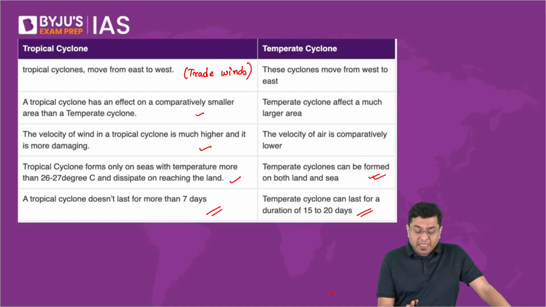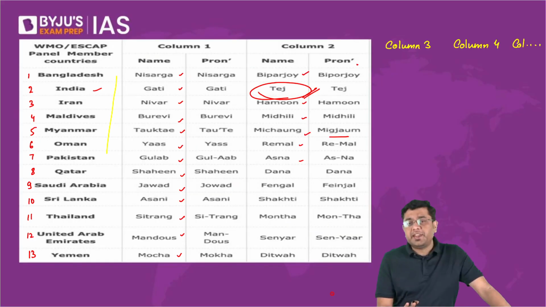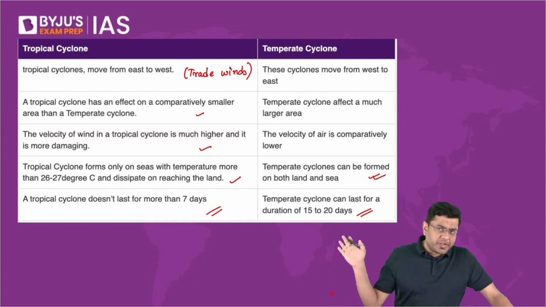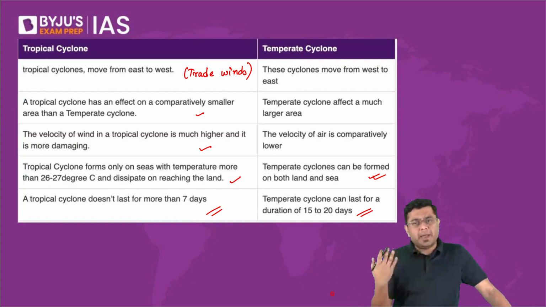Okay. Now I understand a few of you have a couple of questions, in the sense that why is it that more cyclones occur in the Bay of Bengal? That is a question which I'm sure many of you have, because you would have seen it somewhere. That is why you know that there are more cyclones in the region of the Bay of Bengal, and you're curious for that answer.